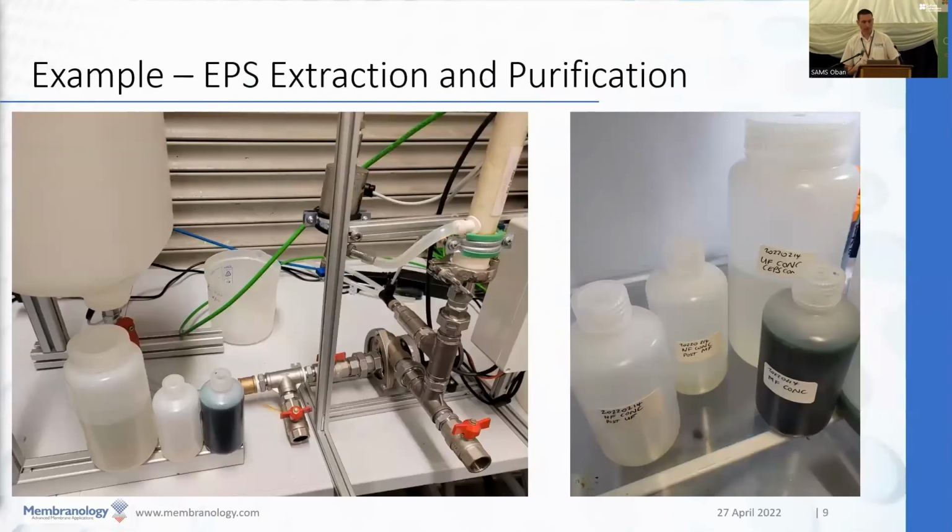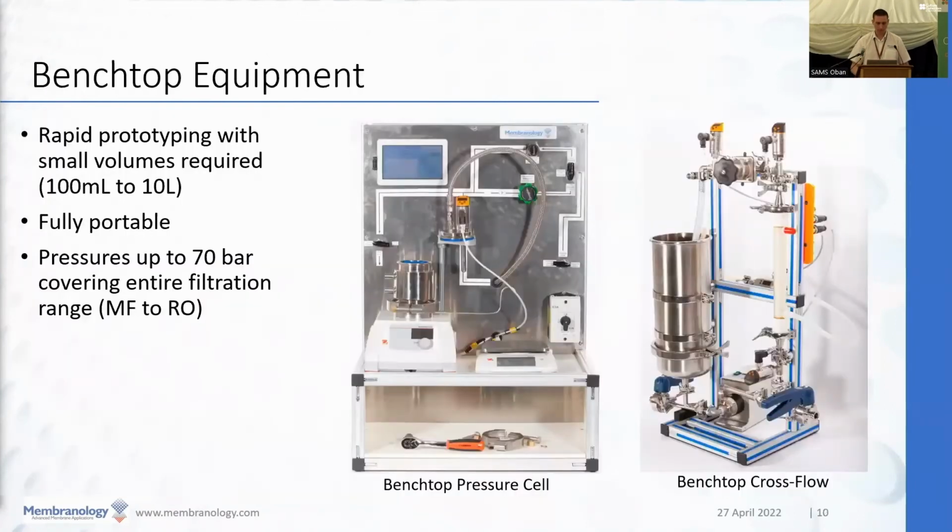And then another one is EPS extraction. We had some samples from Glasgow, and we did a similar sort of process, getting the EPS away from the microalgae and then concentrating that up.